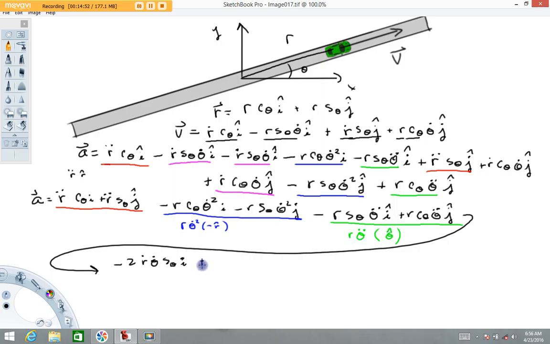Plus, I'm expecting another one of these terms. Oh, and I look over there. There it is right there: r cosine theta theta dot. All right, so there's two of these terms as well: r dot theta dot cosine theta j, twice. So those add to 2 r dot theta dot cosine theta j. And that purple term right there, whoops, where did it go here?